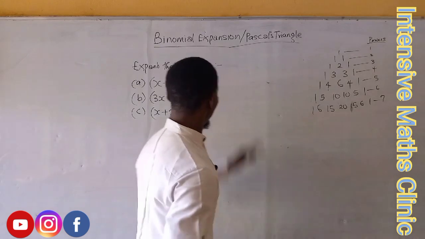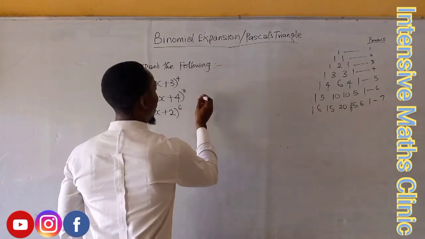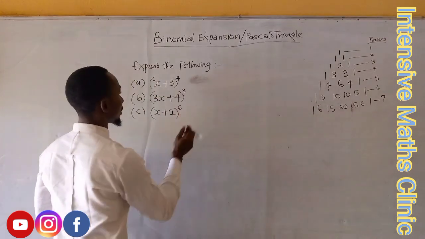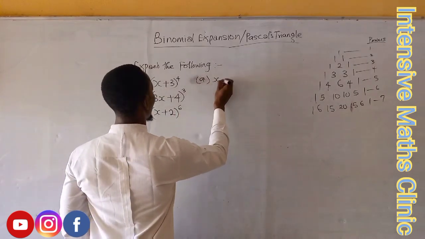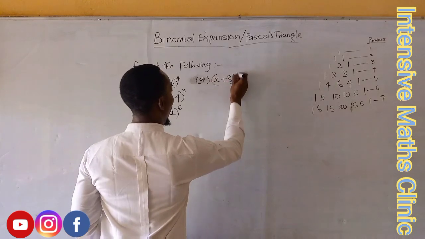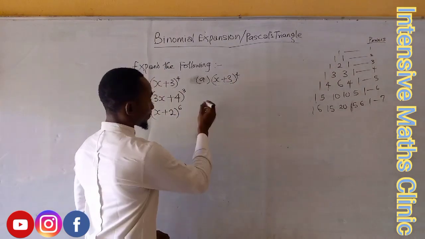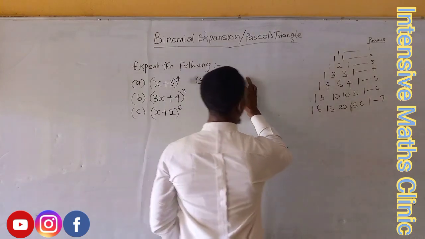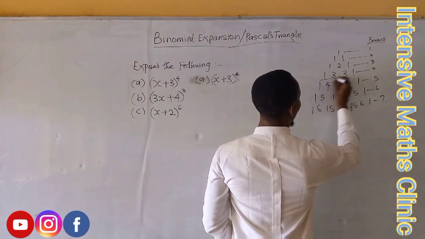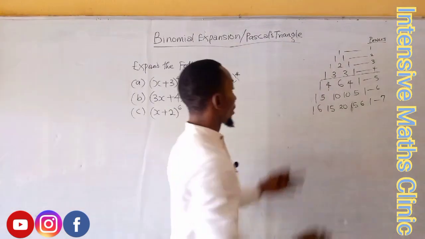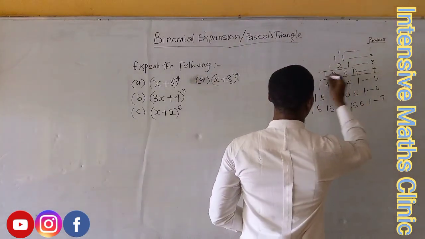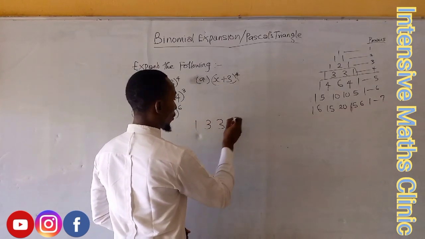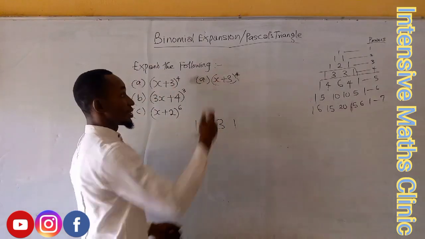For us to solve this expansion, which is x plus 3 raised to the power of 4, what we'll do is bring out the power of 4 row from the Pascal's triangle. Look at this, the power of 4 row. We are taking everything here out. So this is it: 1, 4, 6, 4, 1. We are going to multiply these with the terms raised to the powers.